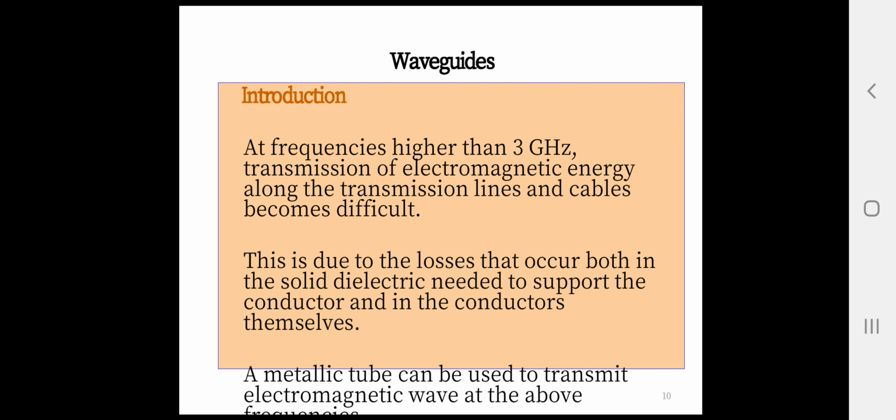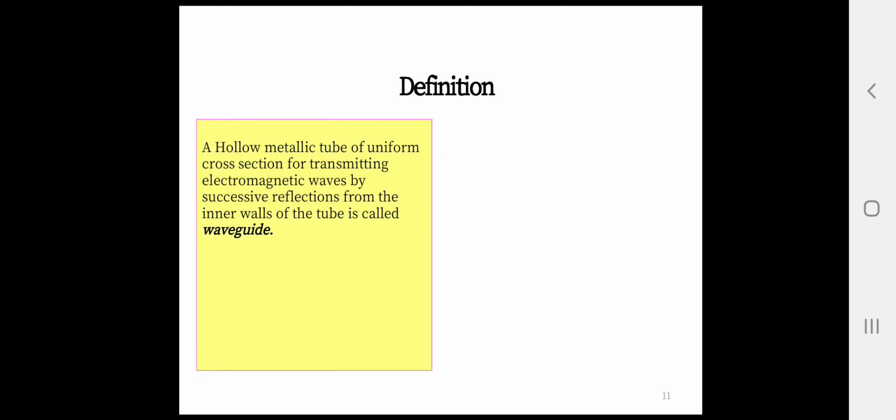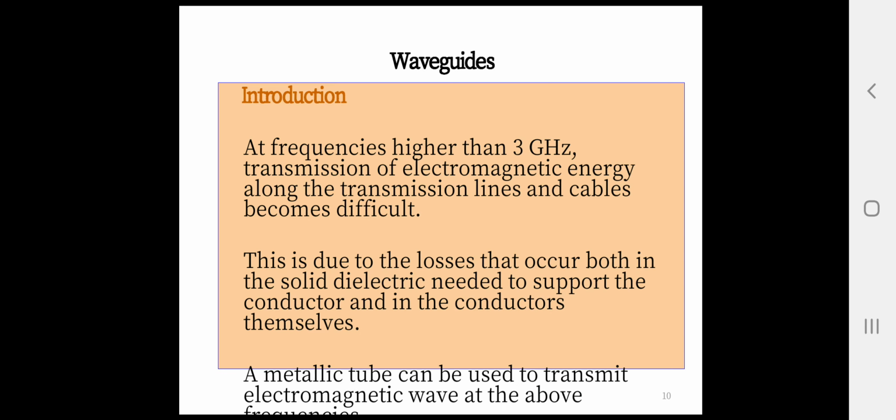So what do you mean by a waveguide? A waveguide is a hollow metallic tube of uniform cross section for transmitting electromagnetic waves by successive reflections from the inner wall of the tube. Waveguides are used for transmitting higher frequency signals, because at frequencies greater than 3 gigahertz it is very difficult to transmit electromagnetic energy with transmission lines and cables.